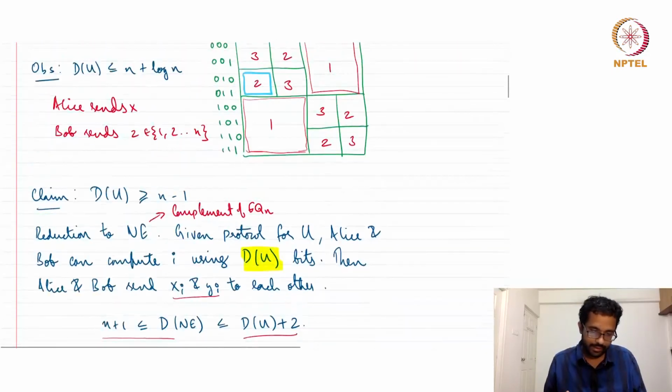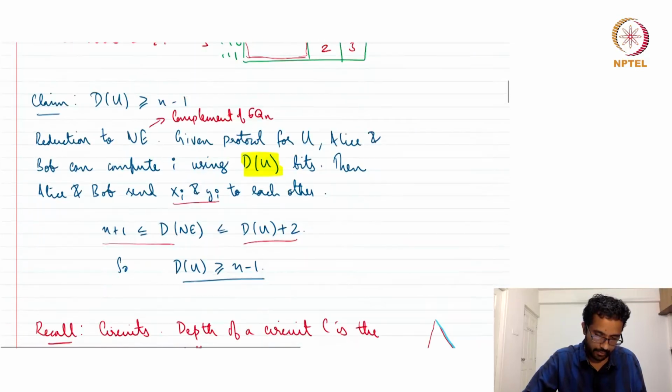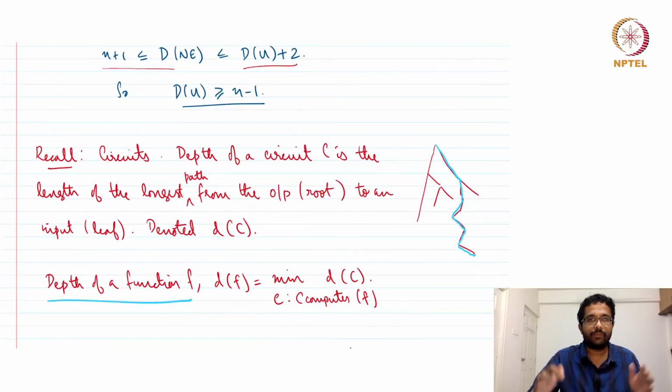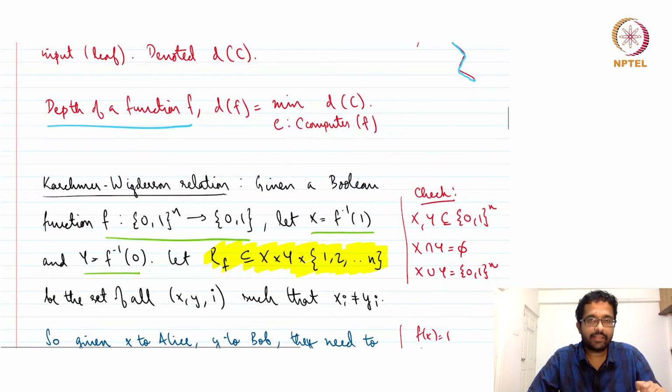So this is the Karchmer-Wigderson theorem. Given a Boolean function f, you can construct this Karchmer-Wigderson relation Rf such that the communication complexity of this relation is equal to the depth of the function.